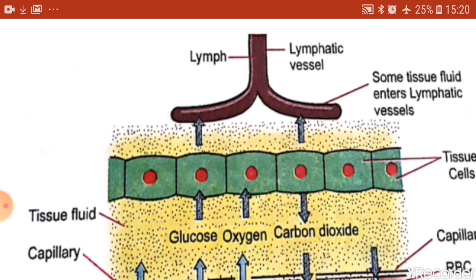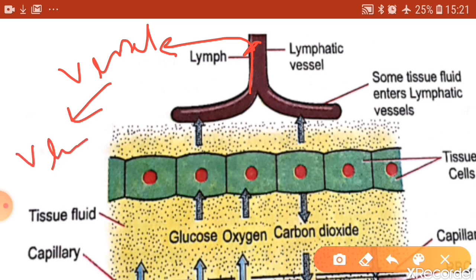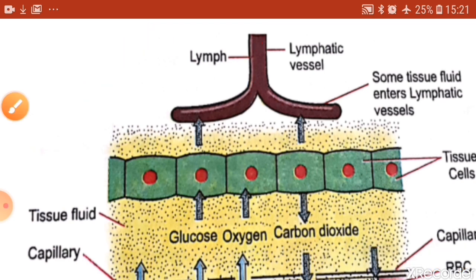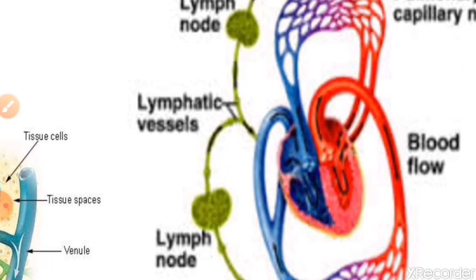Now once this lymph enters the lymph capillaries, from here the lymph is drained into the lymph vessel, and from the lymph vessel it is drained into the vein. I had told you that all the lymph vessels finally join. Look at this diagram.